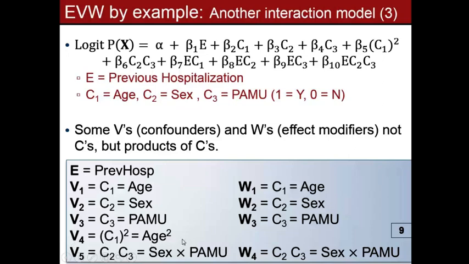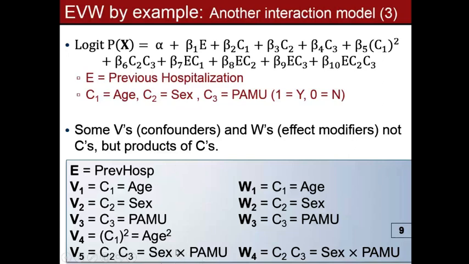And here we have another thing, C2 times C3. This is allowing for interaction between sex and PAMU, both of which are control variables. So what that is allowing is not just interactions with the exposure term, which is one type of interaction that you may have, but what if it is true that sex and PAMU have a statistical interaction with the log odds of disease, which in this case is resistance to antibiotics?